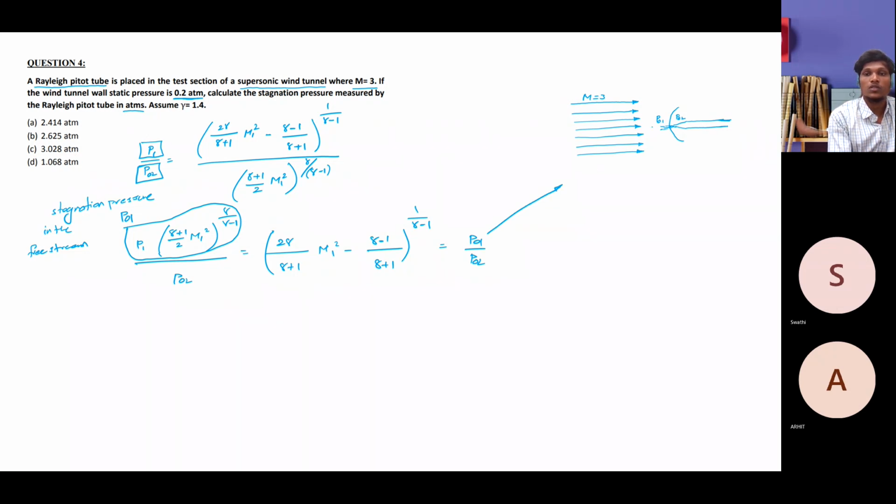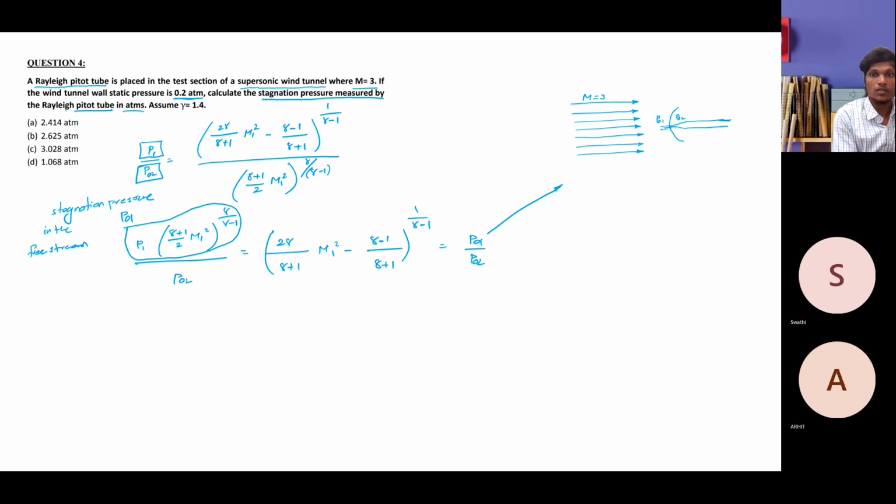What are these details of P01 and P02? And this is a normal shock relation to calculate the stagnation pressure ratio. So the question is now asking to calculate only the stagnation pressure measured by the Rayleigh-Pitot tube.